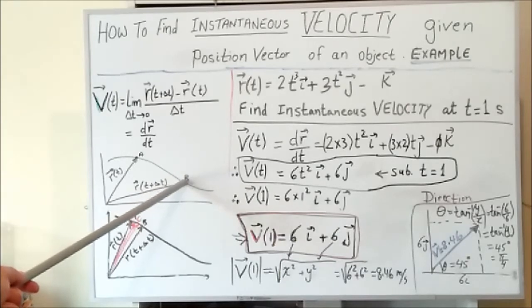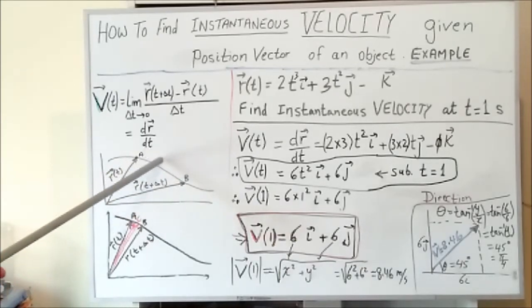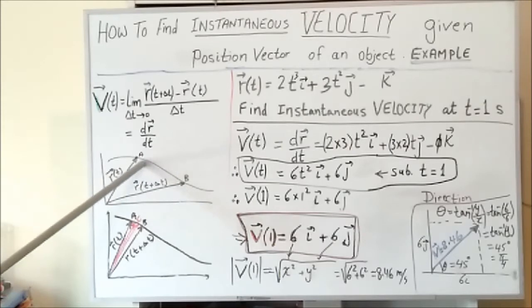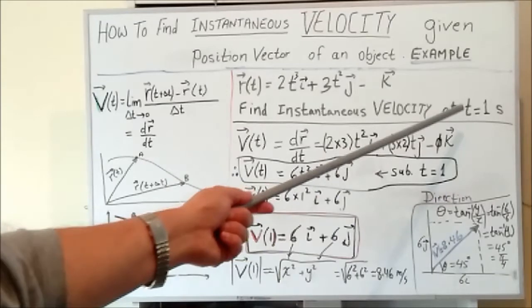Point B approaches point A. Let's say at time t equals 1 and t equals 1 plus 0.00001. It's so small, so the 2 points become almost 1 point. So at that instant, we say the velocity is at that instant. Let's say t equals 1 as in this example.